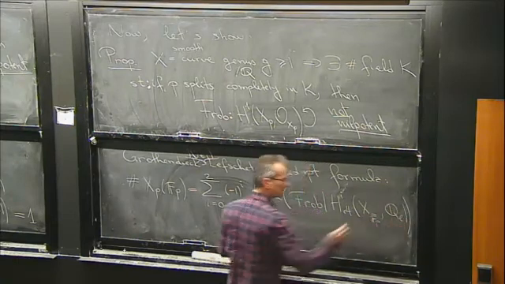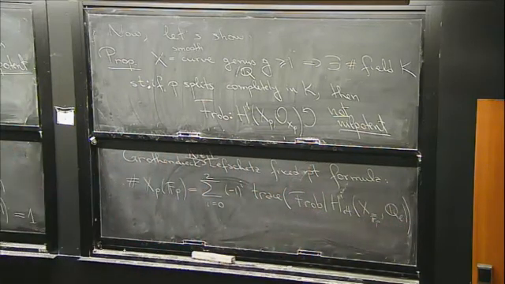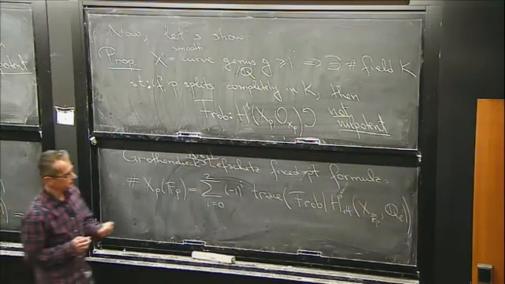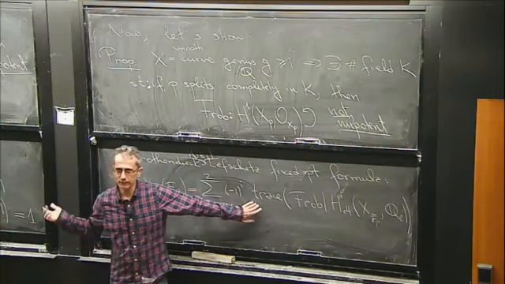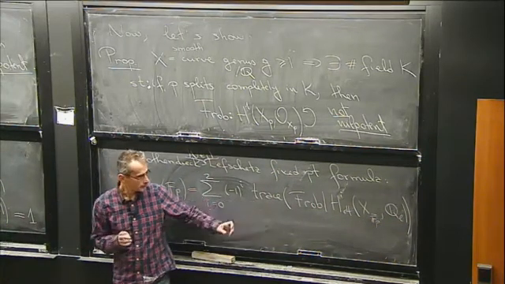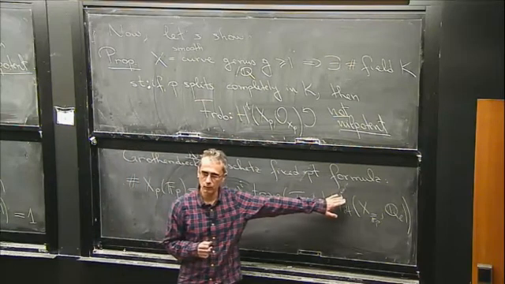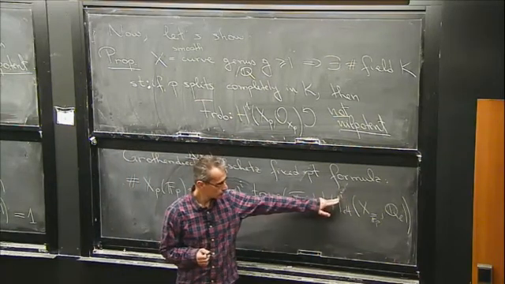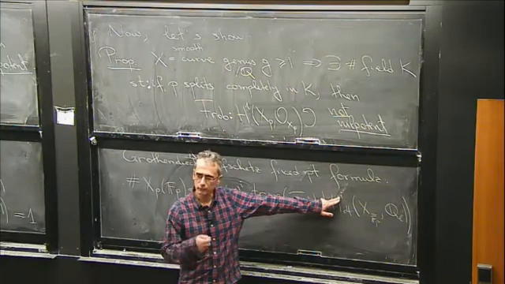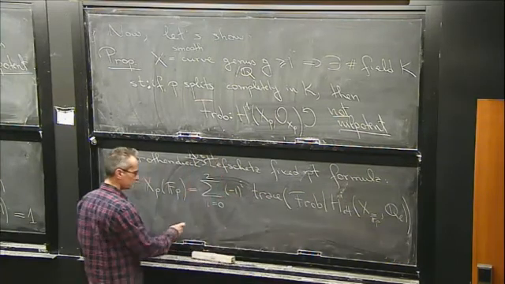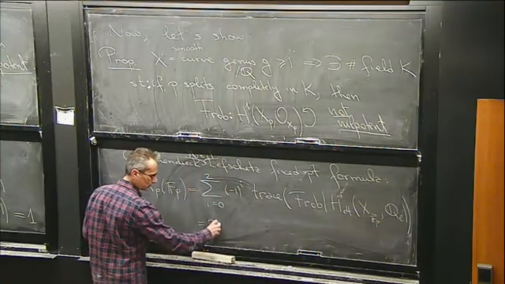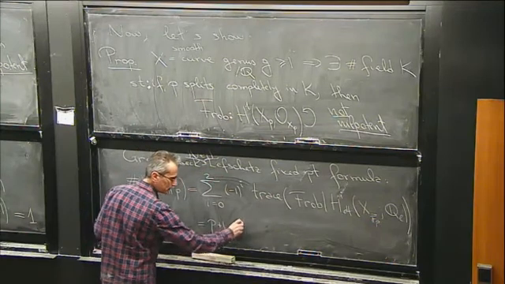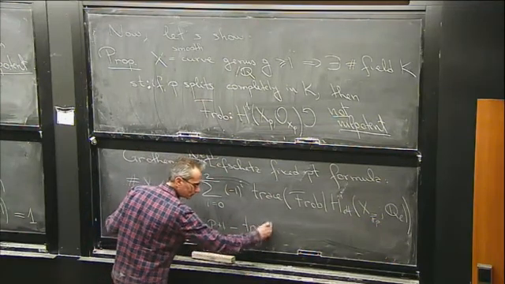Okay, so that's the formula. Here again, as in the previous case, two of the terms are very easy. On H0, this is equal to 1. And on H2, this is equal to p. So this is in fact equal to p plus 1 minus the trace on H1.